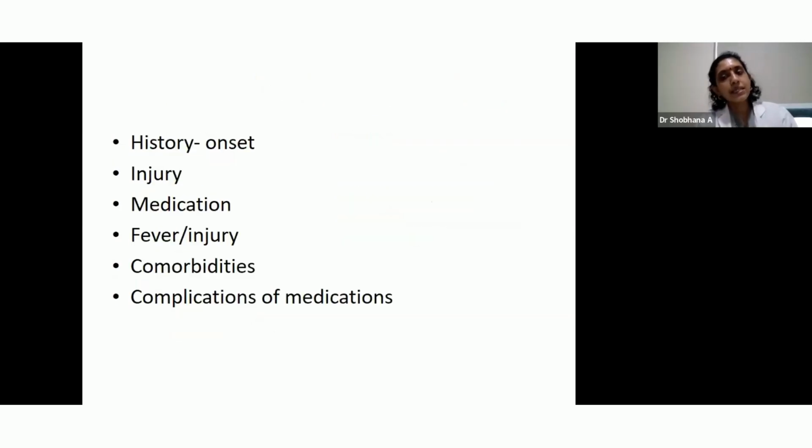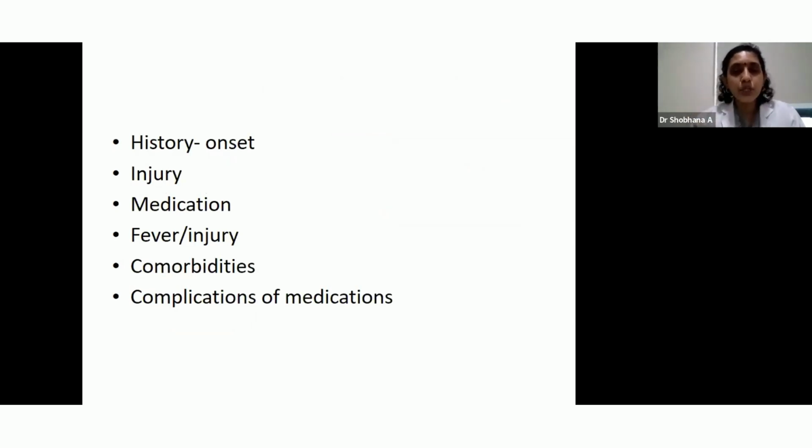So, important as nurses, you must take a history of when the seizure started, how long it has been happening, have they regained consciousness in between, have they got injury, have they hurt themselves, like very violent convulsions can lead to even humerus fracture or fracture of the long bones.